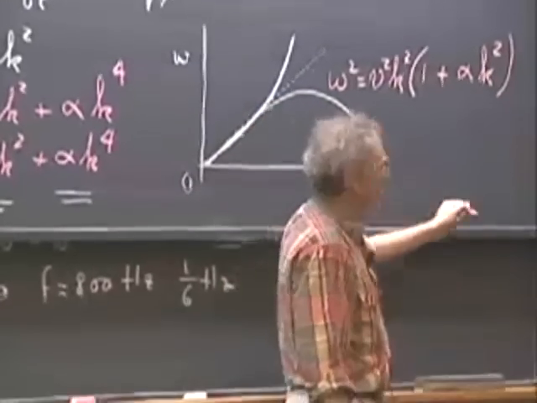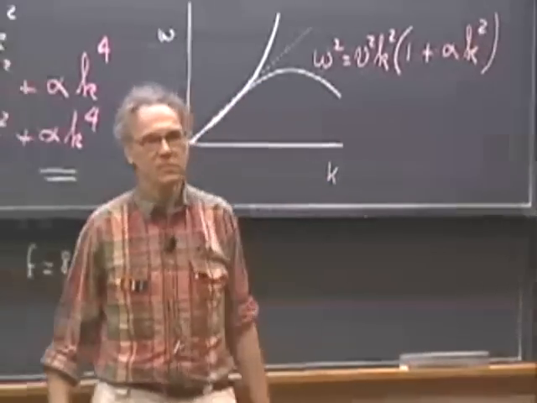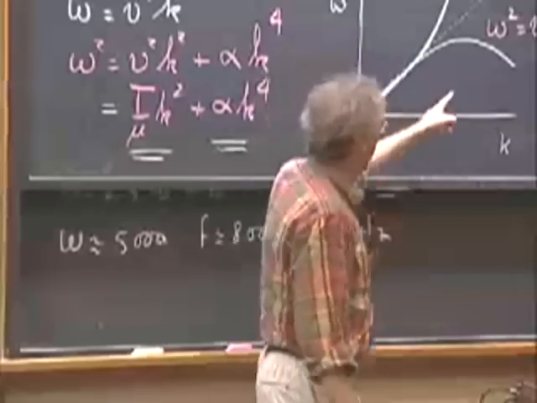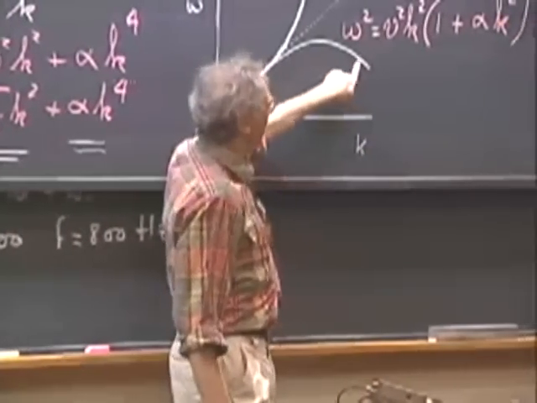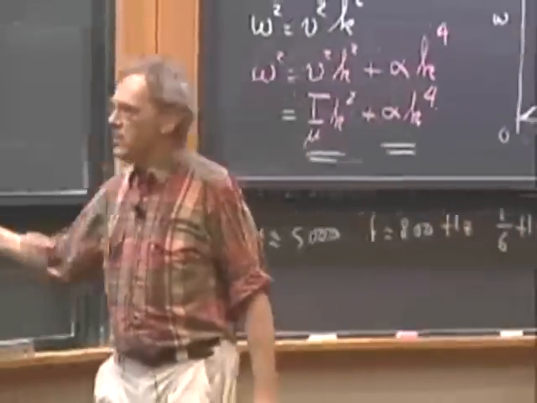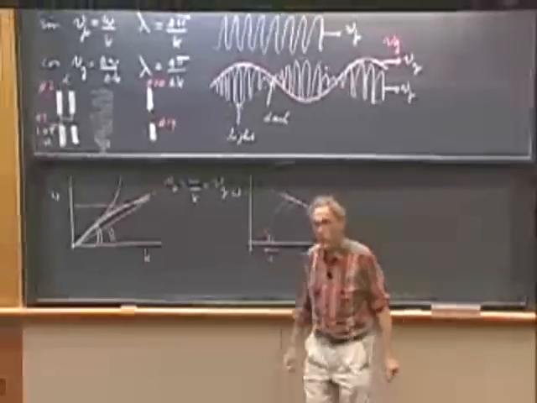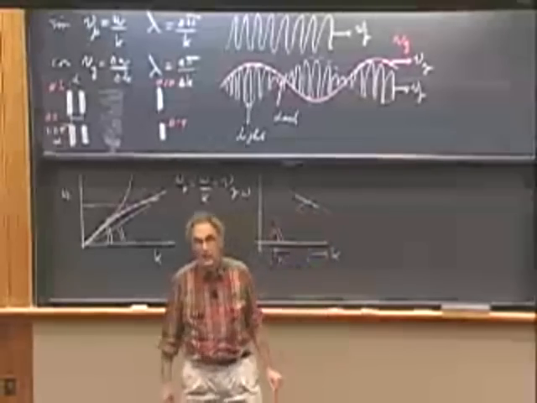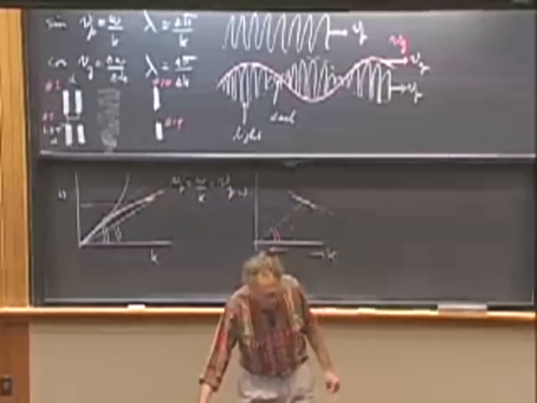Because if alpha becomes high enough negative, ultimately it will turn over. And if I can choose a value for k very high with a negative alpha, this is the situation that was required, remember, for the phase velocity to be in the opposite direction as the group velocity. So I can also show you that, which is really cute. So you see the envelope move in a different direction than the individual waves.